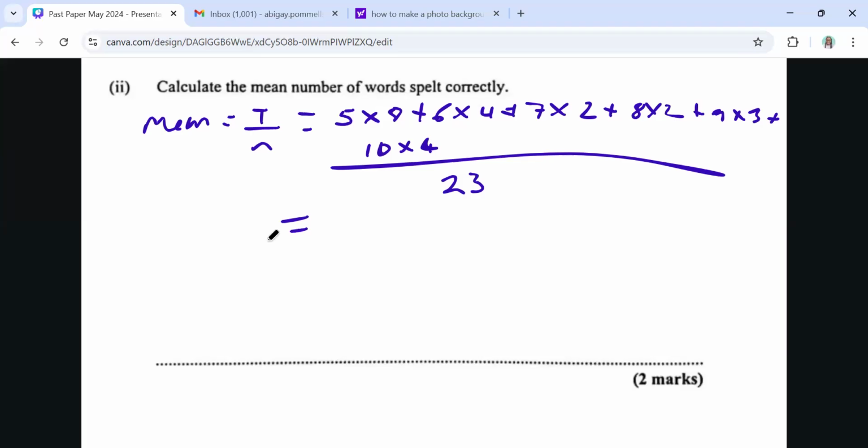All right, I got 161. 161 over 23. And we divide that out. And I get 7. So our mean is 7.